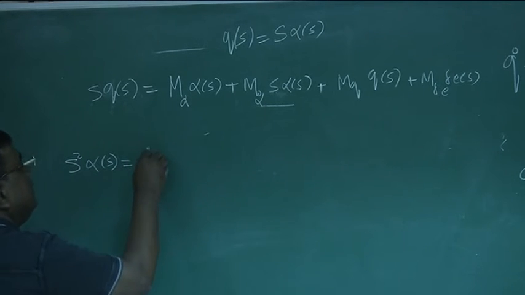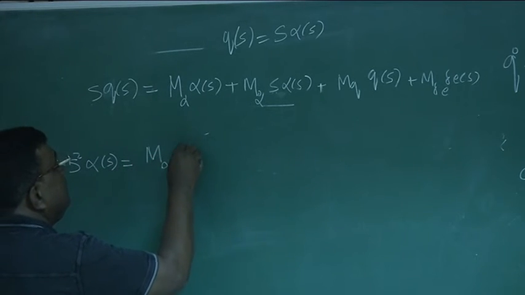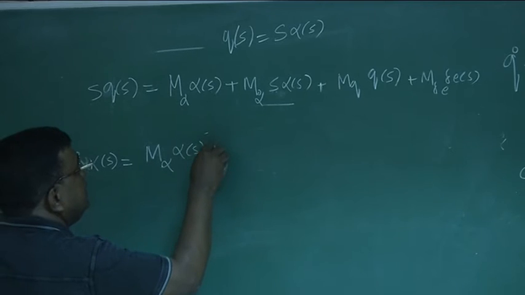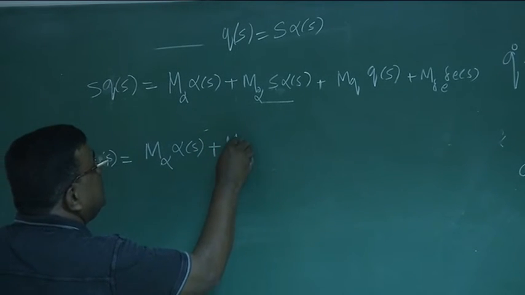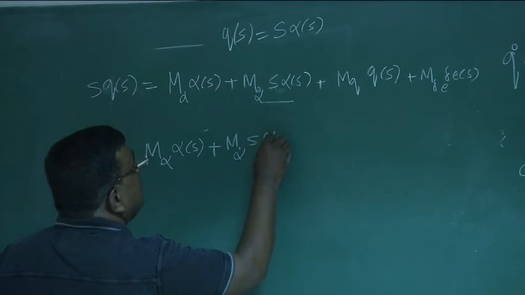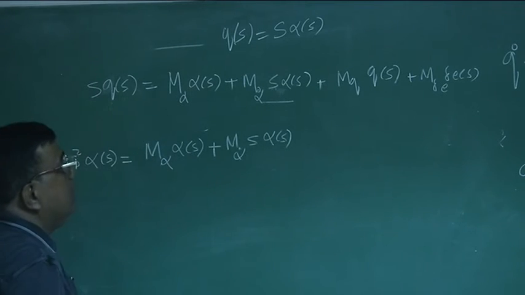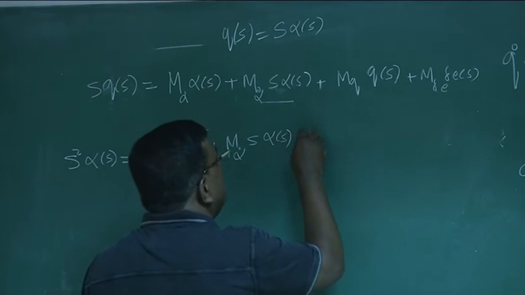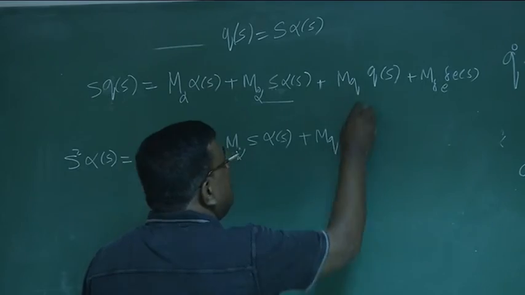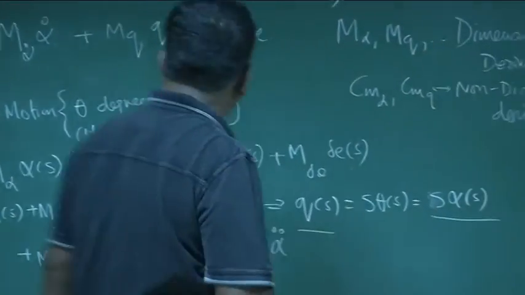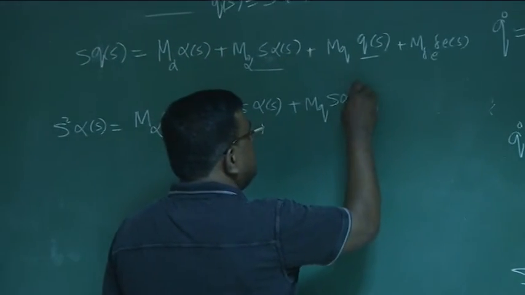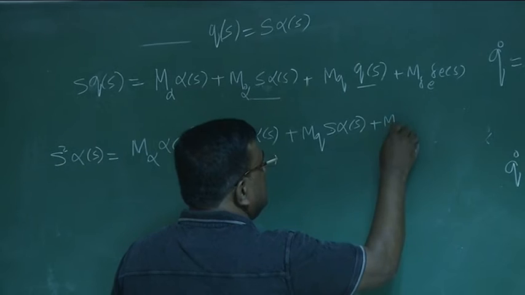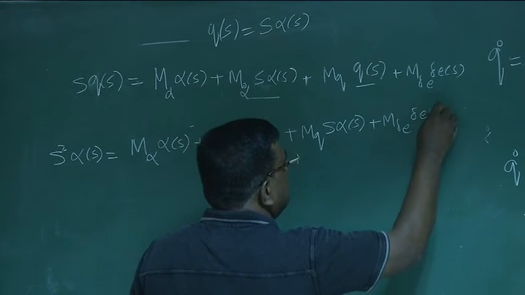Alpha S is sitting pretty with M alpha alpha S, and this is M alpha dot S alpha S. And then for M Q, what is Q of S? Q of S is S alpha S. So again I write S alpha of S plus M delta E into delta E of S.